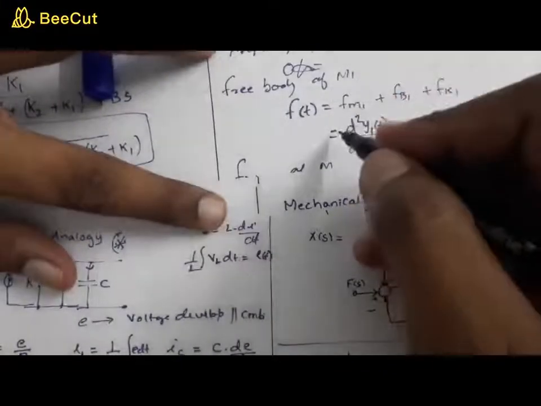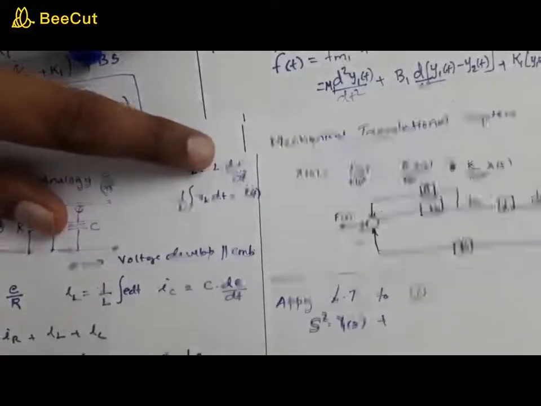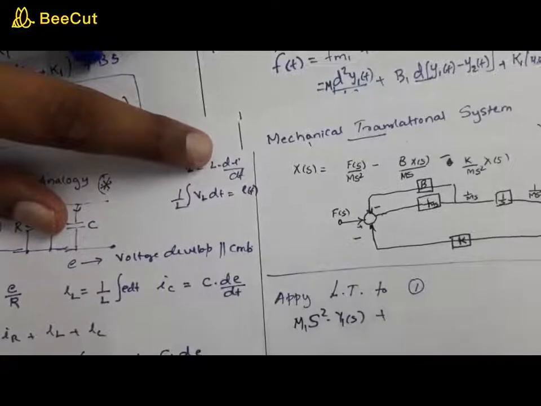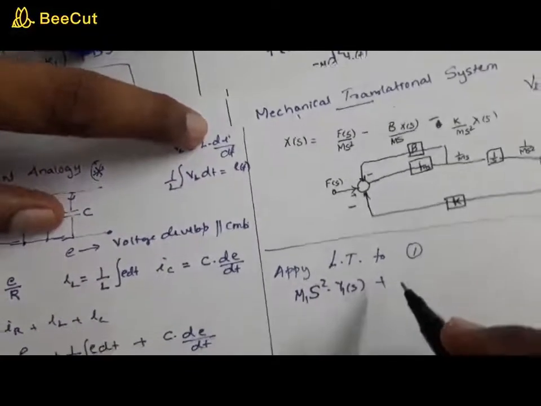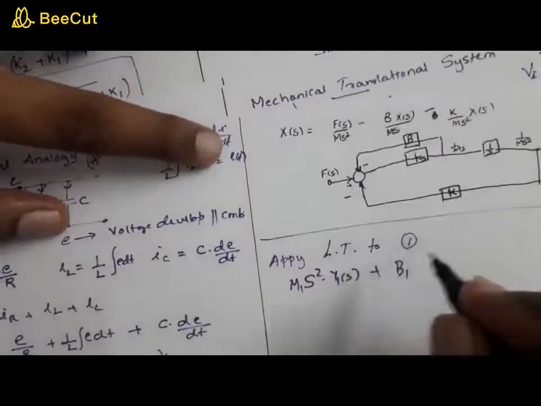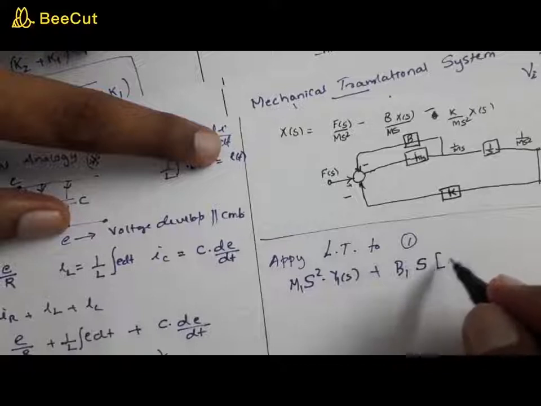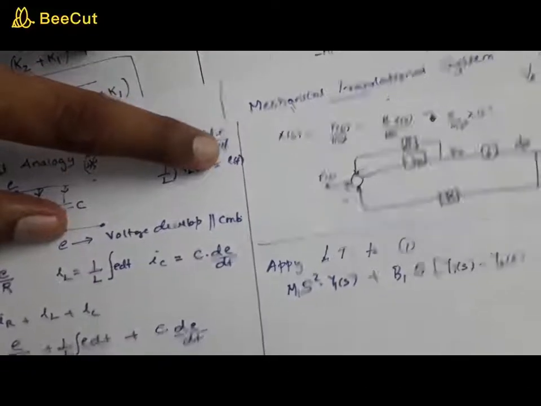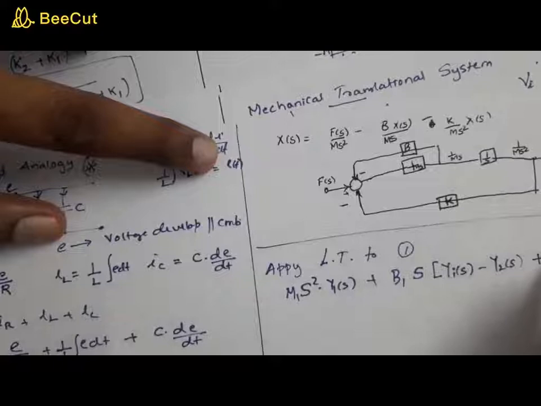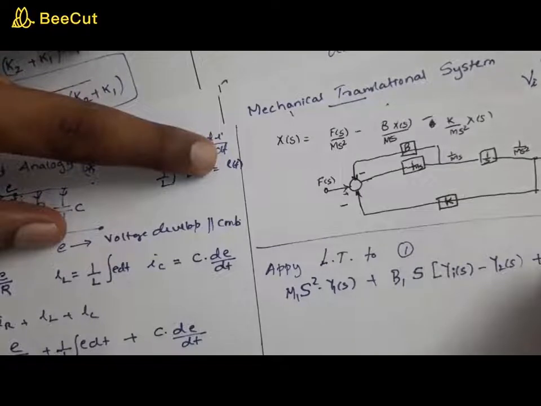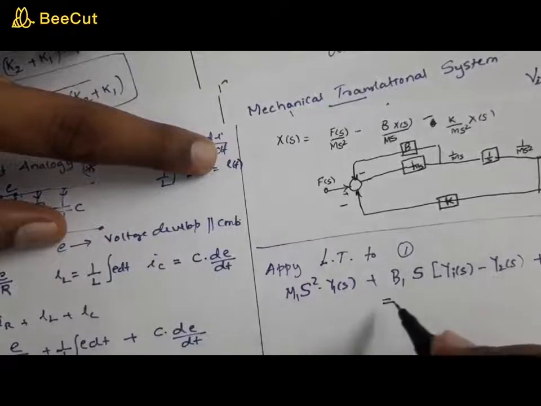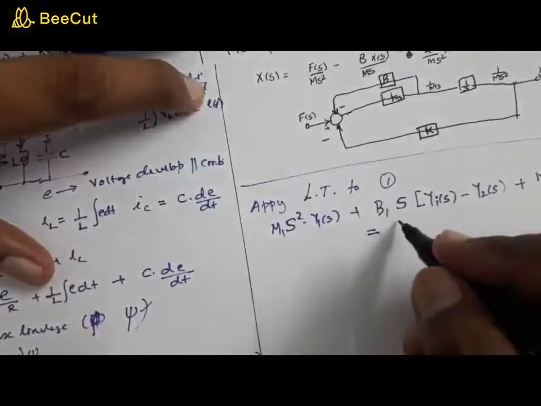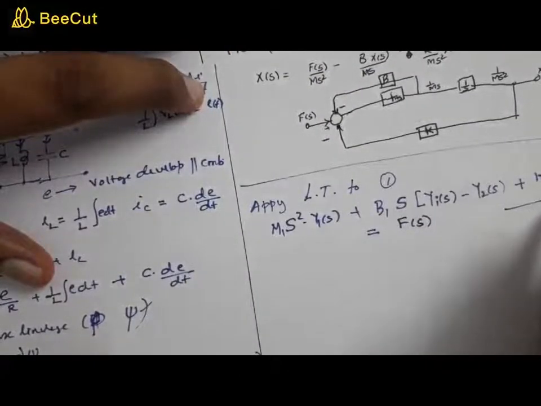So m1 into s square y1 of s plus b1 into s into y1 of s minus y2 of s, then finally plus k1 into y1 of s minus y2 of s is equal to f of s. Call this equation 3.